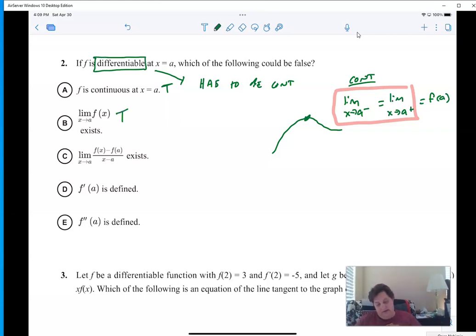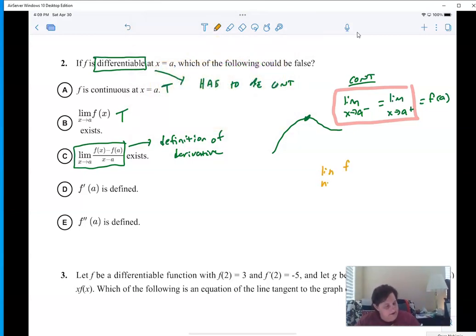Does the limit as x approaches a of that exist? Okay, you know what that is? That is the definition of a derivative. Okay, there's two different ways to look at it. One, let's just kind of remember this, is the limit as h approaches 0 of f of x plus h minus f of x over h.